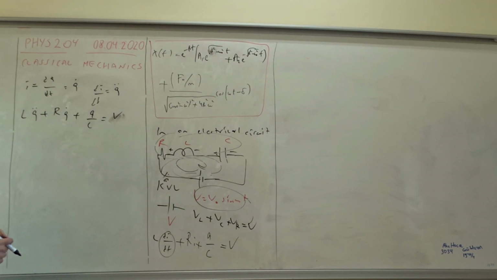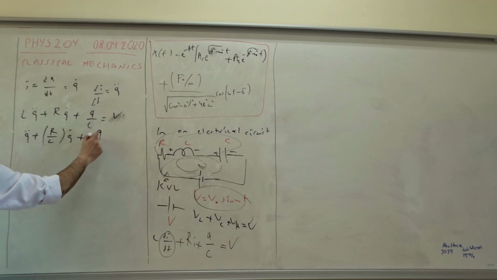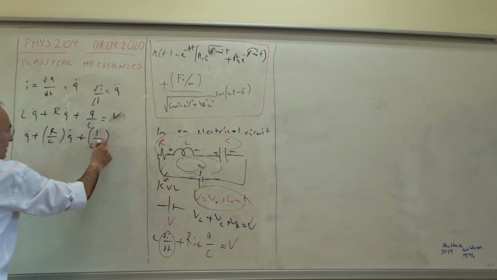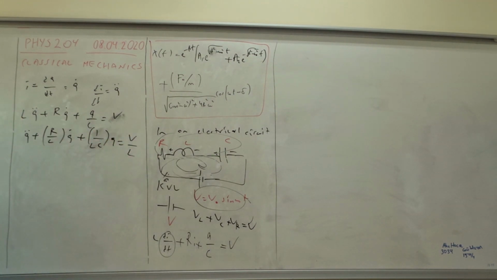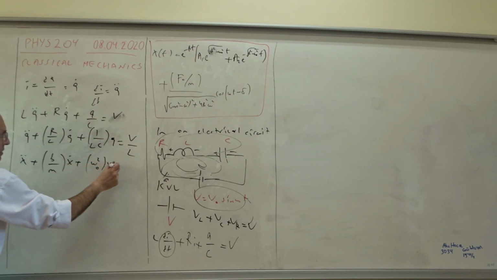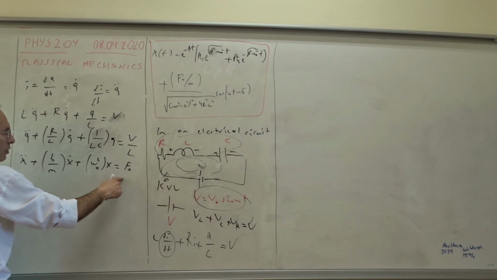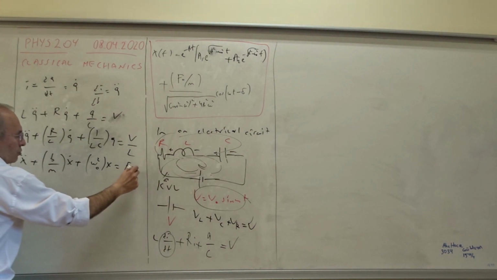Divided by L, so this term can be equated to 1, then q double dot plus R over L q dot plus 1 over LC times q is equal to V over L. So this equation is corresponding to the case of x double dot plus 2 beta x dot plus omega 0 squared times x is equal to, for instance, maybe 0, maybe F0 over m and a certain cosine function.